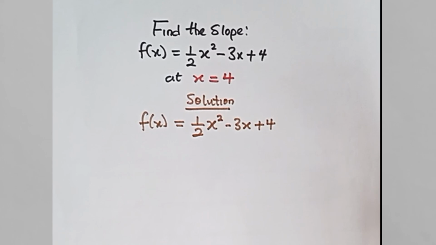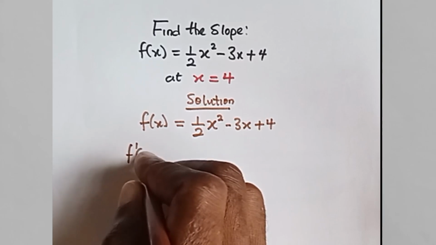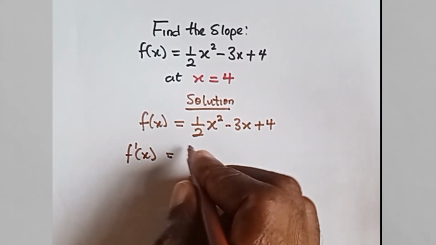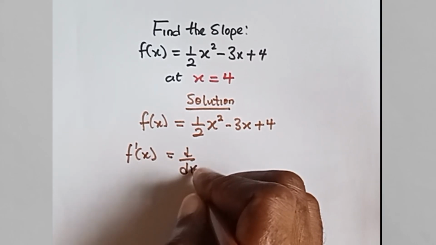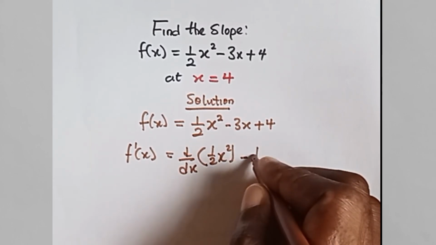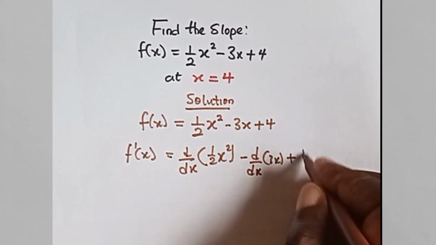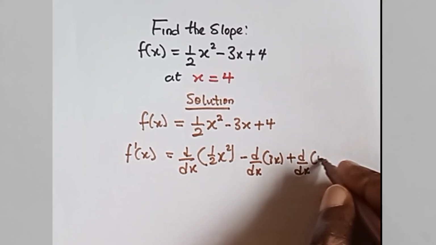So now what do we do? We find the derivative of this function, and that is d/dx of 1/2 x^2 - 3x + 4. Let's differentiate this and see what we have.